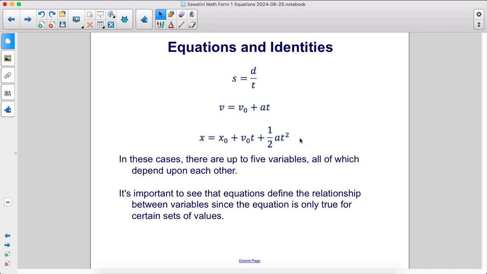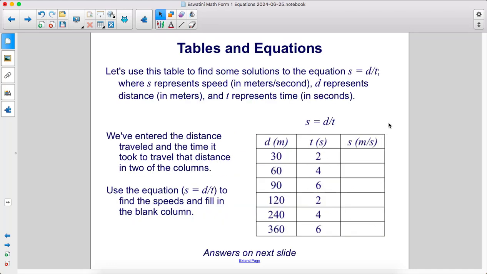It's important to see that equations define the relationship between variables, since the equation is only true for certain sets of values. Let's use this table to find some solutions to the equation speed equals distance over time, where s represents speed in meters per second, d represents distance in meters, and t represents time in seconds.